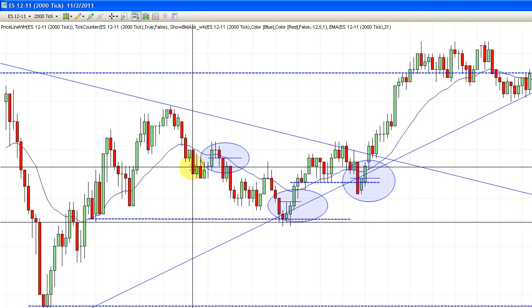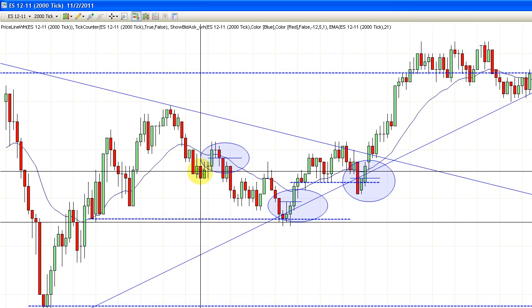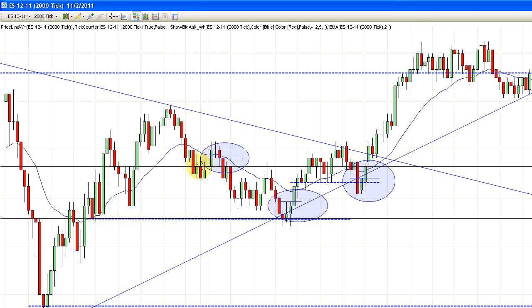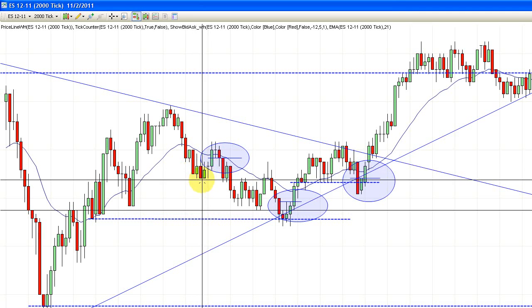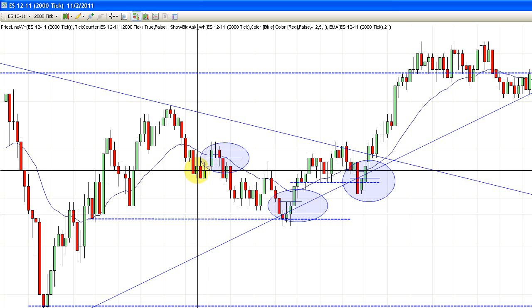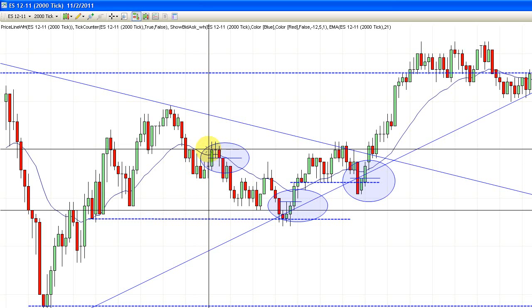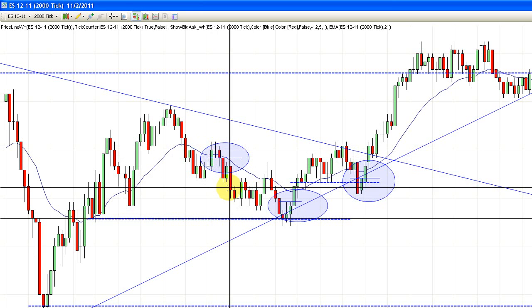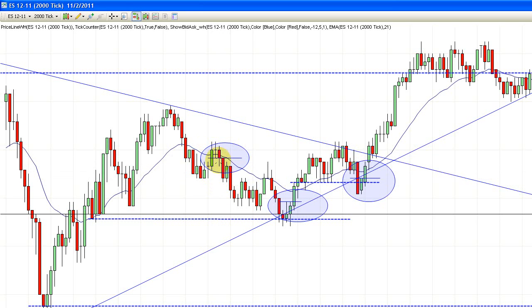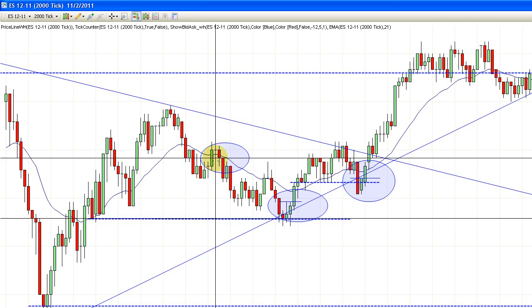And then we got how many? 1, 2, 3, 4, 5 overlapping bars right here, and one of them's a doji. Actually, this could pass as a doji, so a couple of those are dojis. So this is congestion, and we got a break up out of that congestion, which was basically just a failed break higher and then a turn down. And so we really had a second entry short right below this doji.